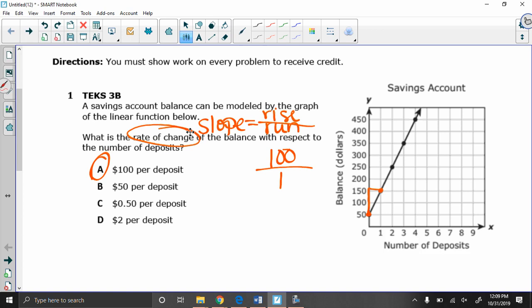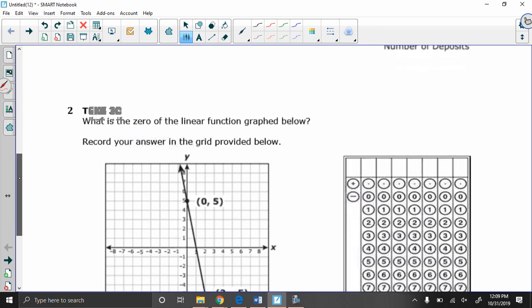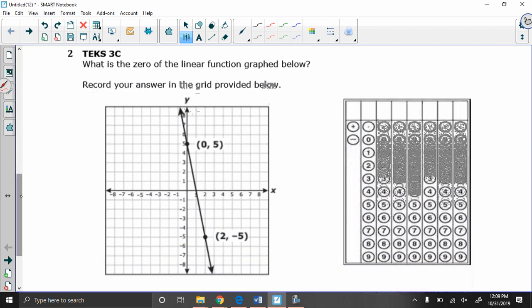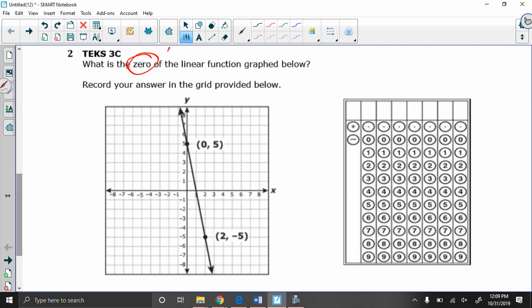All right, let's take a look at number 2. Number 2 is asking us what is the zero of the linear function graphed below. Record your answer in the grid provided. So the zero of a function is going to be the x-intercept. The x-intercept is where the line crosses the x-axis.